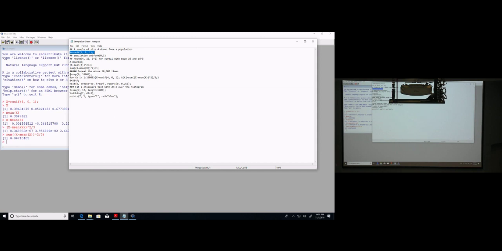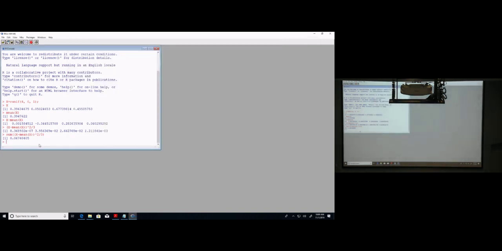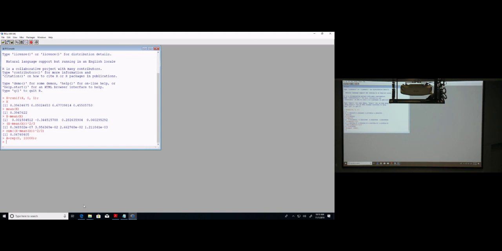So what I do is I create a list where I'm going to store my sample values. I make sure I clean up the memory, so I put everything to 0 first.